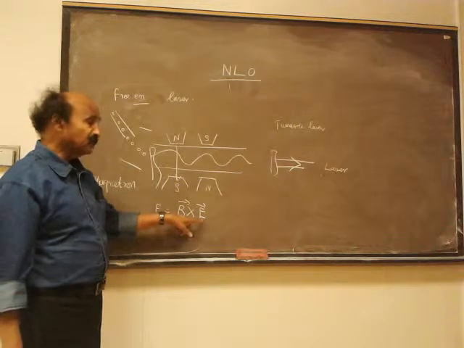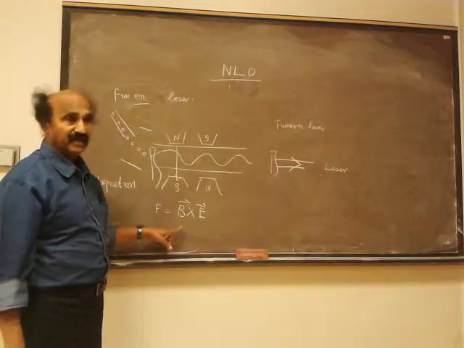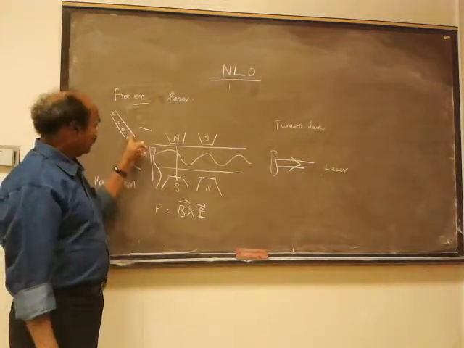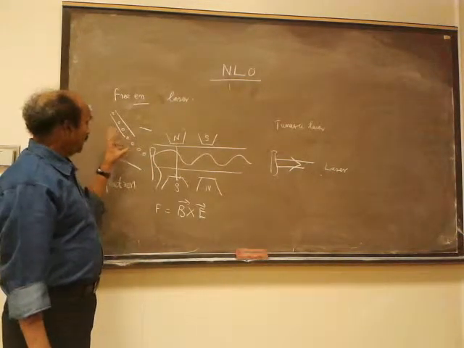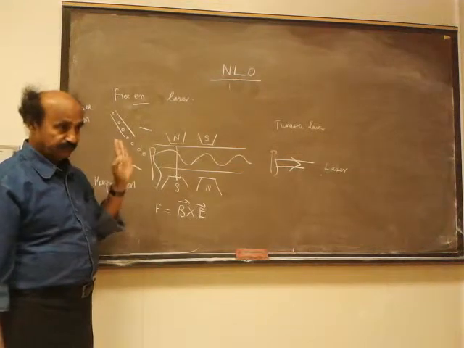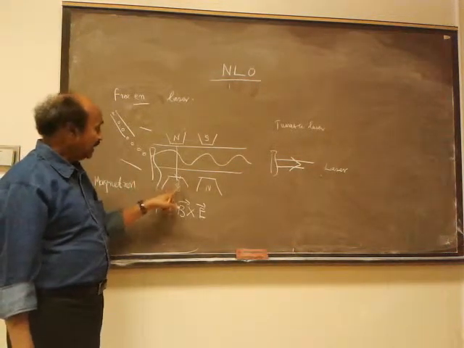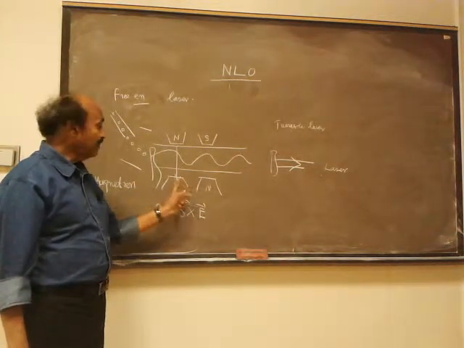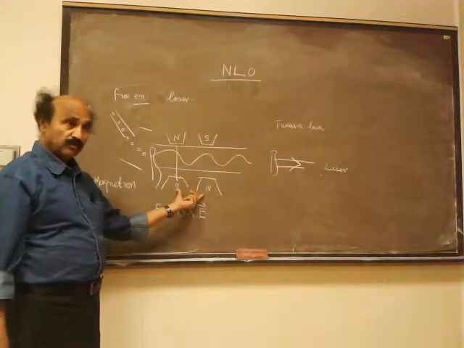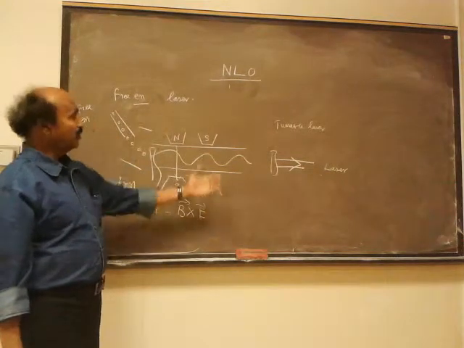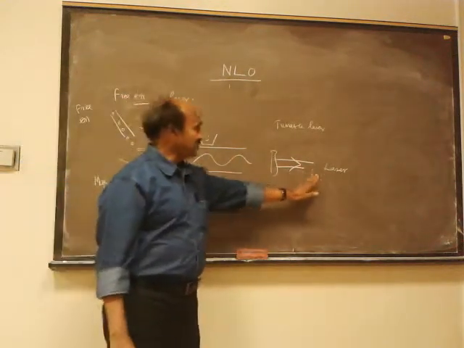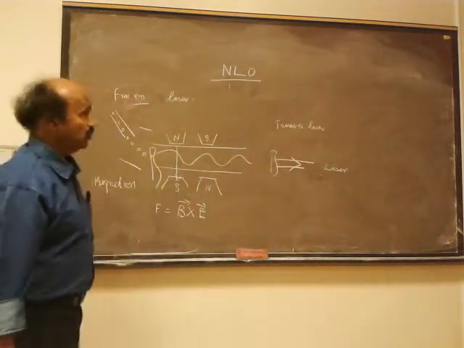It depends on the frequency of the electric field and magnetic field. Once I have chosen an electron of certain energy, the velocity of the electron is fixed. But I can play around with the frequency of this one. So I can change the frequency of the magnetic field. Correspondingly, I can change the frequency of the laser that comes out. So it is tunable.